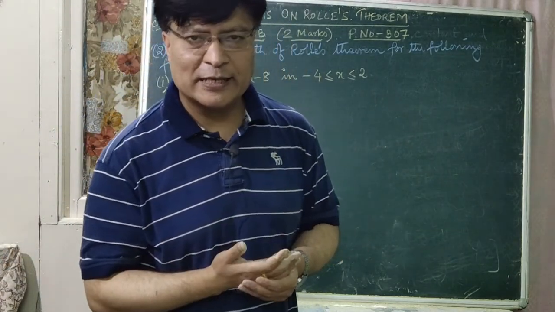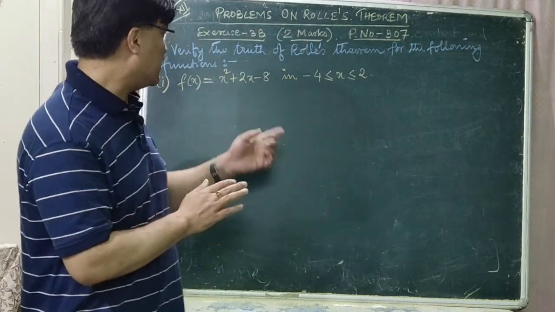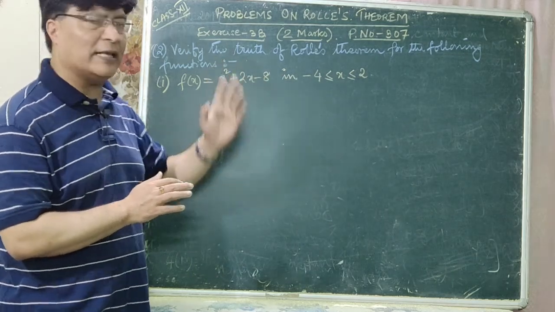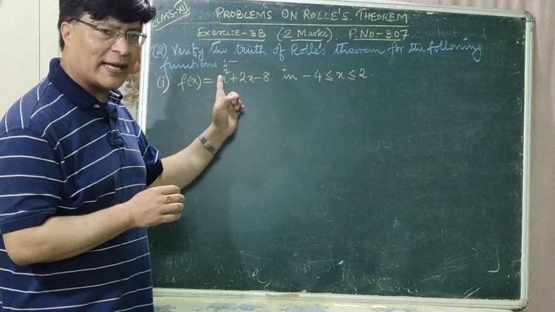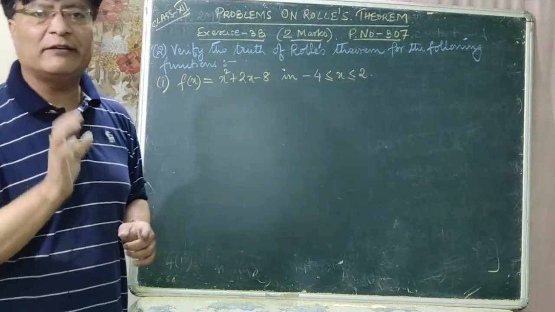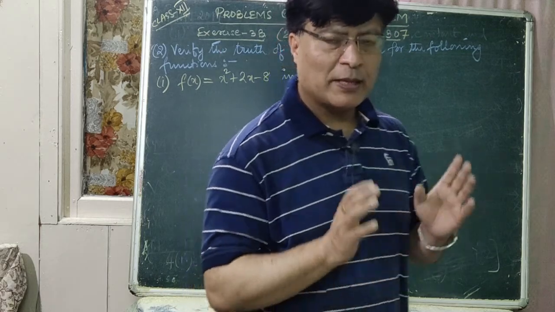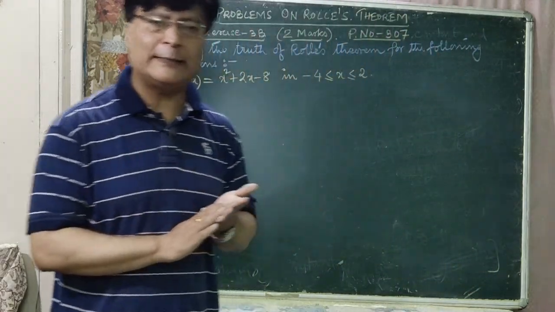Algebraic expression in x or polynomial in terms of x. That is, this x square plus 2x minus 8 is an algebraic function in terms of x, or this is also known as polynomial of degree 2. That is polynomial of degree n. That is your this function, polynomial function of degree n.